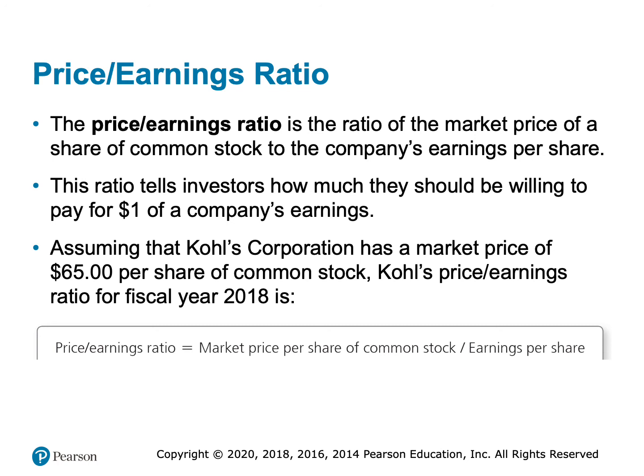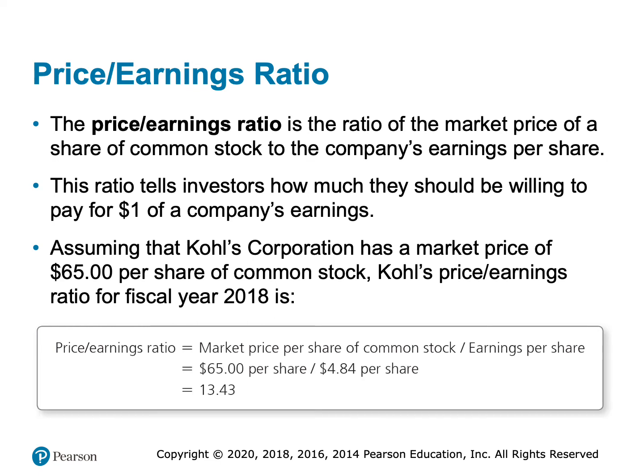So if we assume that Kohl's had a $65 stock price, then we would take their $65 stock price divided by their earnings per share, and we get 13.43. Now I can compare this with other companies. The higher the PE ratio, the better. So we want a high earnings per share, but we also want a high stock price to go with it. So by using the PE ratio, we can now compare two different companies.